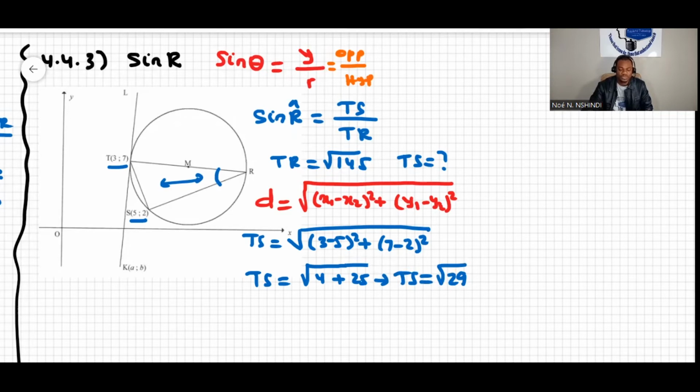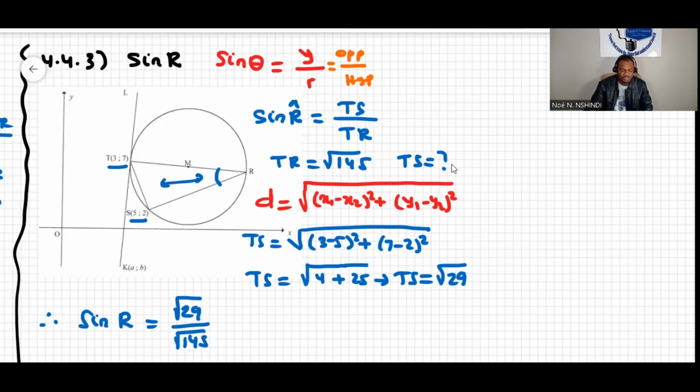Now we can solve sine R by applying this property. Therefore, sine R will be TS over TR, so root 29 over root 145.